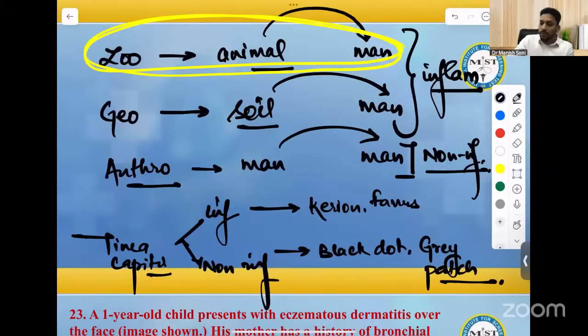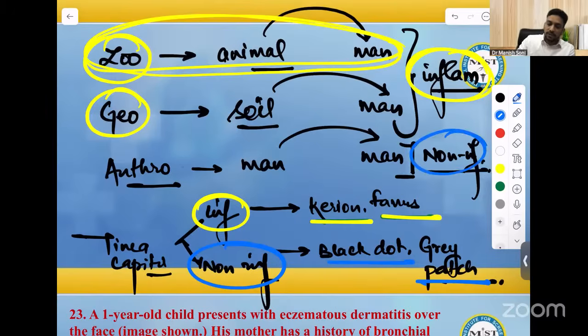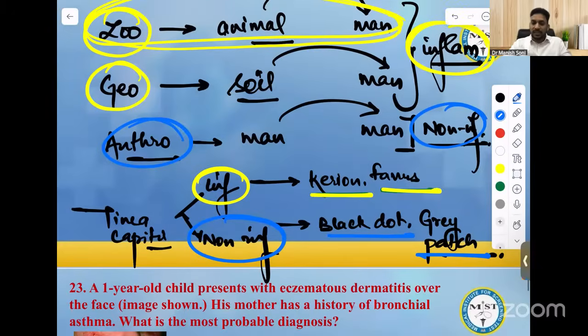So now you know that kerion and favus are caused by inflammatory variants, which are zoophilic and geophilic, while non-inflammatory variants, black dot and gray patch, are generally caused by anthropophilic fungi. Okay, so this is the reason why they have written that sentence, that it is inflammatory type of tinea capitis. So you can choose kerion or favus from the answer.